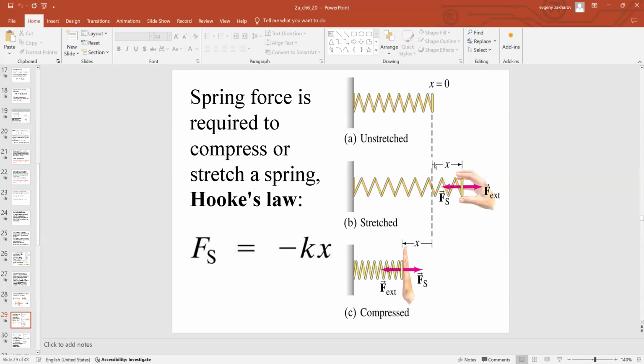See, the X can be in one direction or the other direction. Units must be meters. Force must be in newtons. By the way, the stiffness will end up being newtons per meter in the dimensional analysis. And X can be positive or negative. So be careful with the sign here as well.